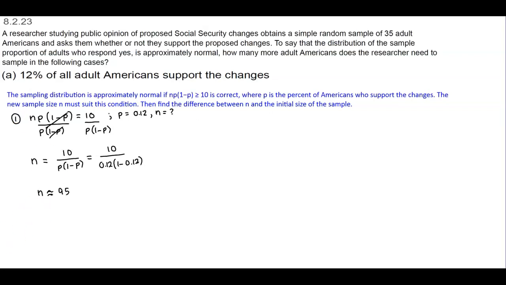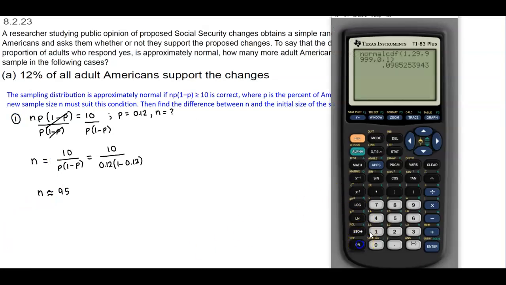Now let's confirm that. So we have 10 divided by 0.12 times 0.88, and that gives us, rounded up, 95. So it's approximately 95.